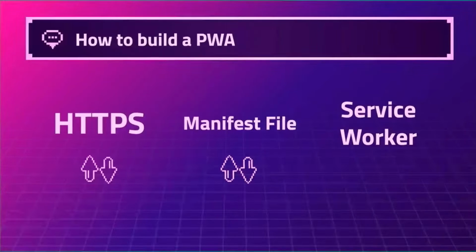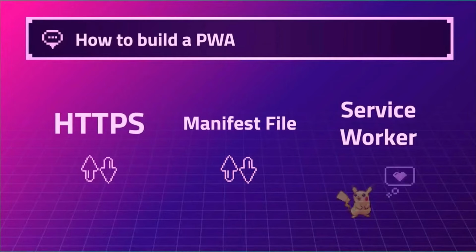Besides that, what do I need to build my PWA? That's the other thing that you will hear me talking about often. You will need HTTPS, a manifest file, and a service worker. That's what we're going to talk about today. The service worker will give you the chance to have offline capabilities.